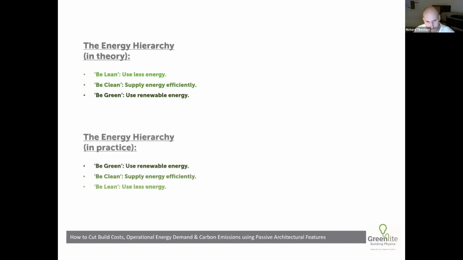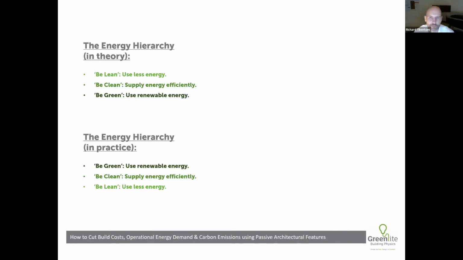Now, what we see in practice is more often than not, I would say, an inversion of this hierarchy. We see the renewable energy systems given first priority, then consideration of the efficiency of supply, and then lastly the be lean element, the use less energy, which really covers fabric first.